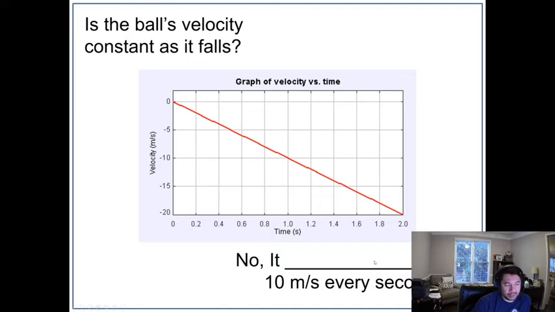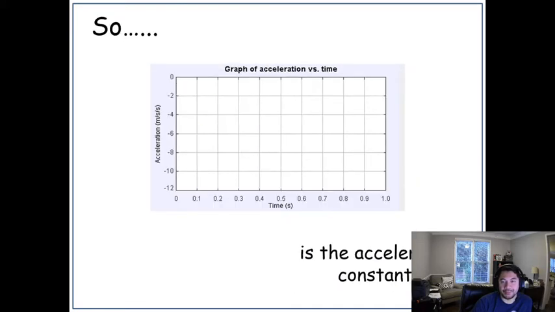It accelerates by 10 meters per second every second, and thus the acceleration is 10 meters per second squared. You may have heard that the more precise measurement is 9.8 meters per second squared, and that's absolutely true. But for this class, we're going to use 10 because it makes the math easier, and it won't make your calculations that different.